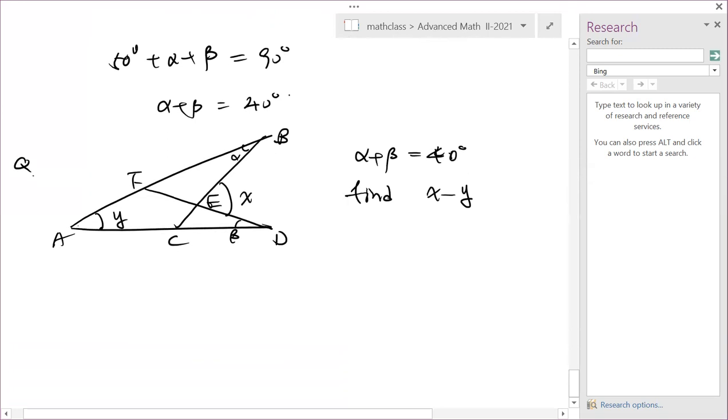That would be, of course, a bit of a two-step problem. Eventually you have to focus on one triangle here.